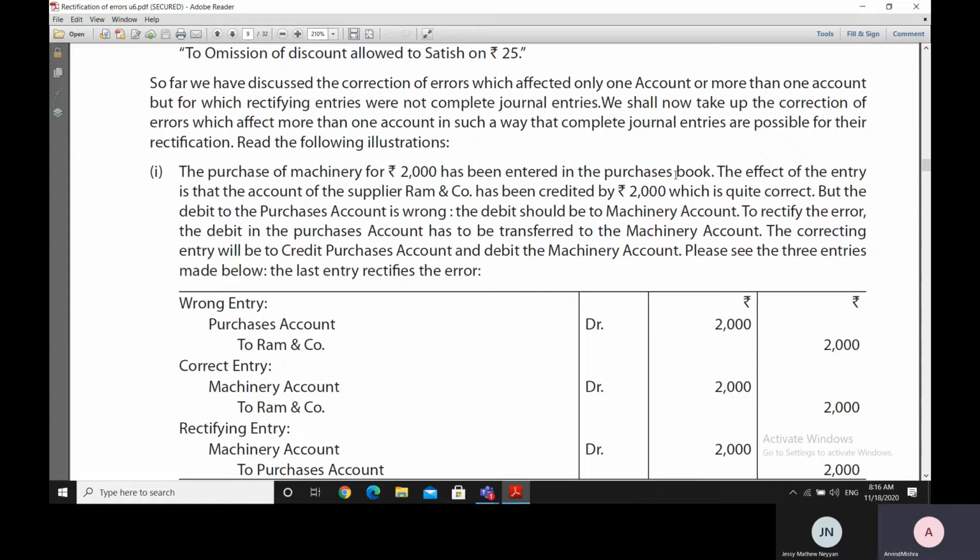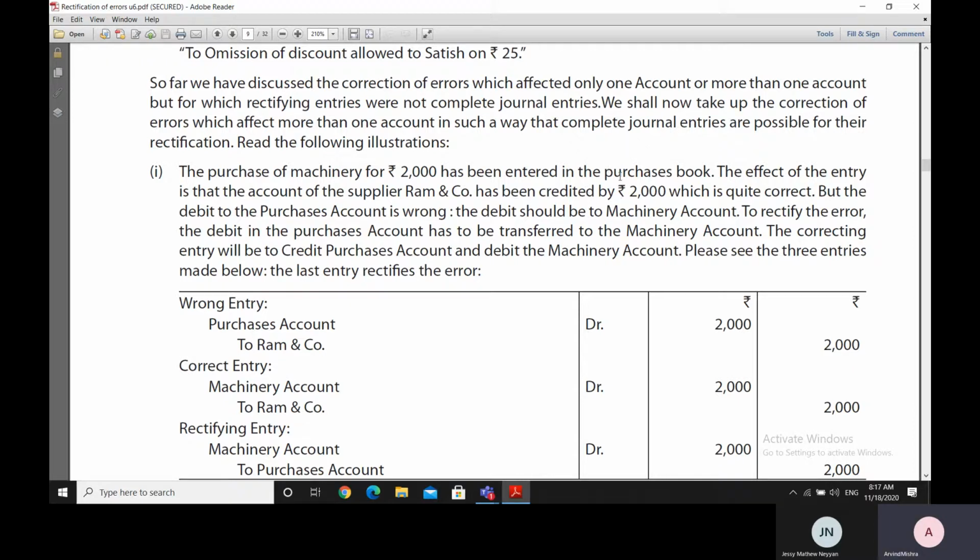It is not a trading purchase, unless that machinery is purchased to be sold by any trader of machinery, in which case it will become an entry to be made in the purchases book. But let us presume here that this machinery is an asset which has been purchased for 2000 rupees.